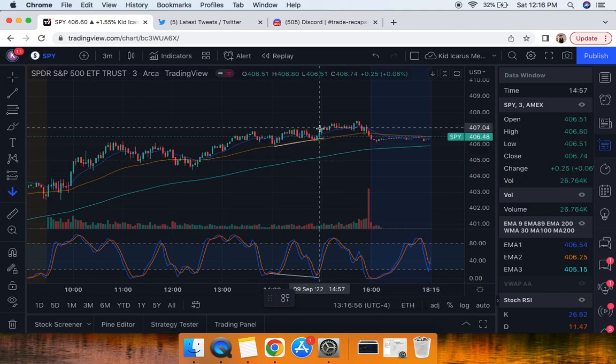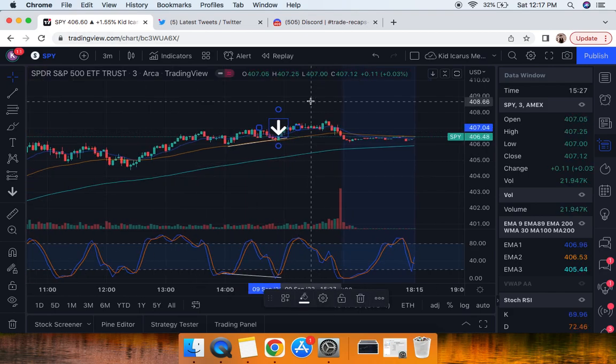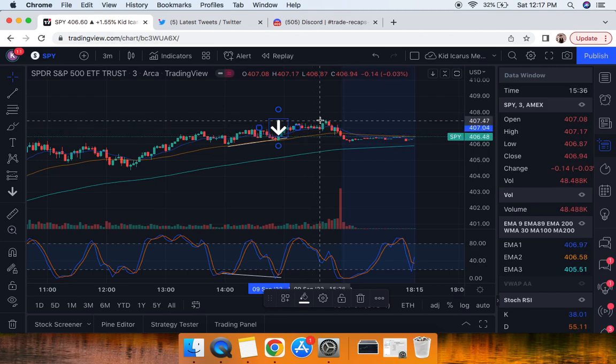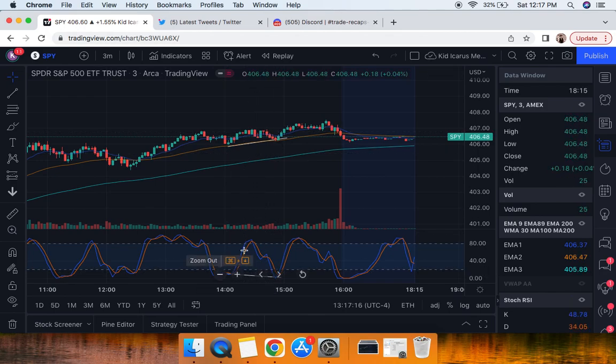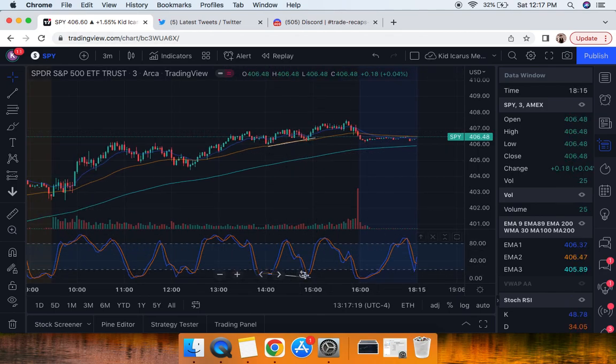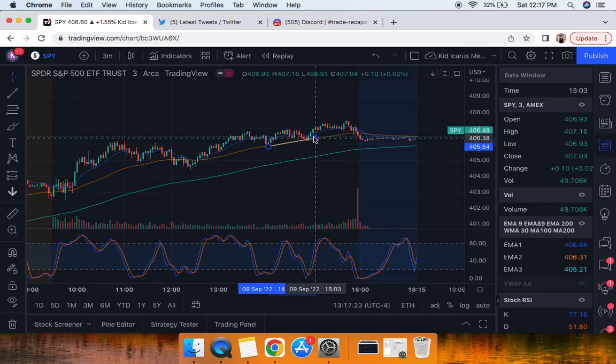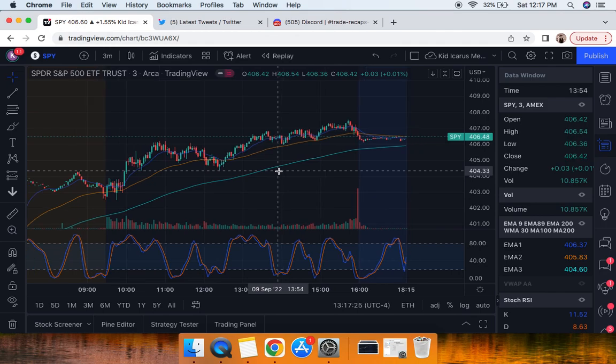Where's the price? 13 or 48, whichever one of those you wanted to enter on. Boom, that's another 406.30 to 407.30. So another dollar move. Obviously the distance these can go varies, but the main thing is that they are right. These rarely lose if you have all four things.